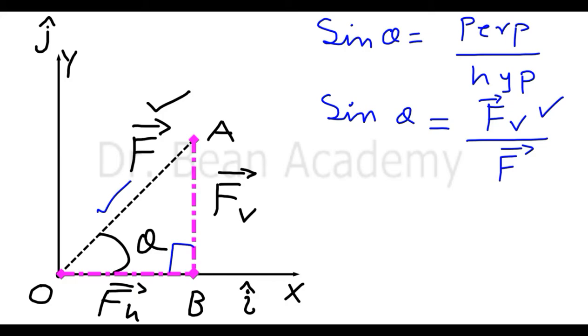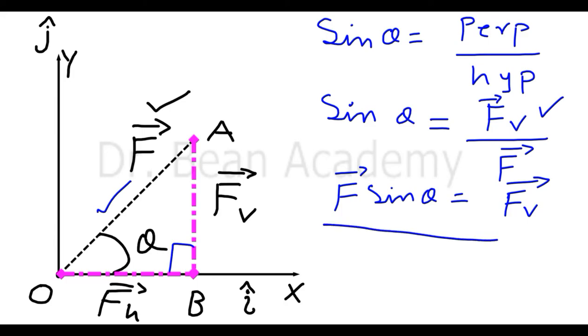So if I multiply this equation with vector F, I will find F sine theta equals F_V, which is the vertical component of force F. So observe one point here, that the vertical component of force F depends on theta. Theta is the angle which the vector force F is making with the horizontal line or x-axis.